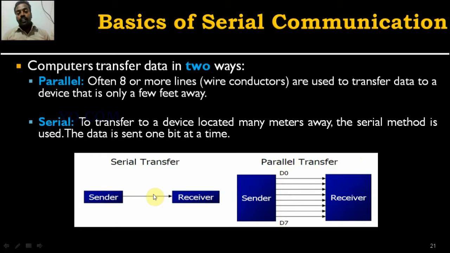An example of parallel data transfer is the old computer motherboard, where the CD drive and hard disk are connected through a parallel port using a ribbon cable. But nowadays we use a SATA cable, a very small cable, and our pen drive is connected to the microprocessor through a serial port only. Currently most devices are fully based on the serial port.